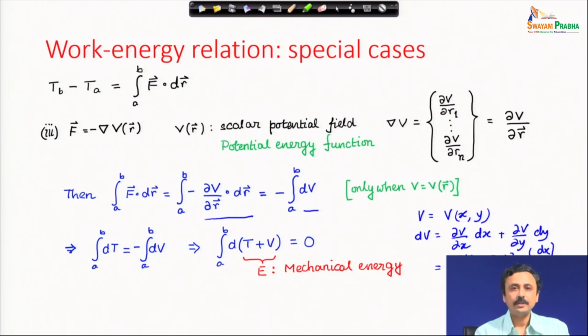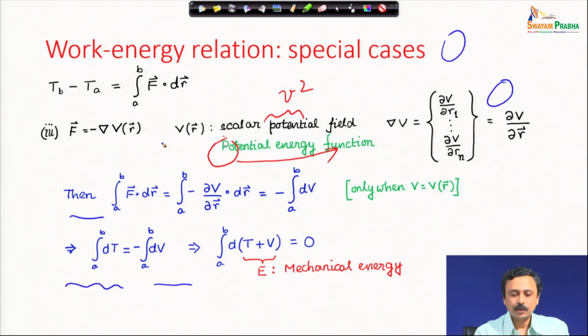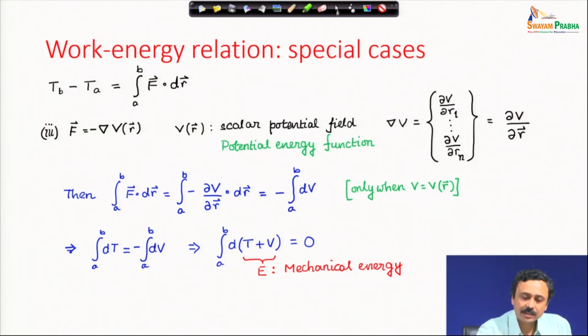In this special case that we are considering, the integral of d of T plus V from A to B is 0. In other words, the total mechanical energy is conserved.